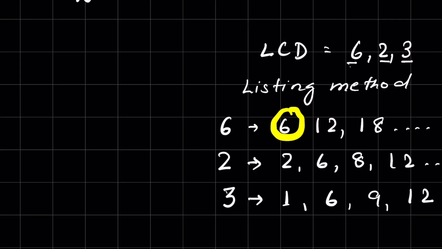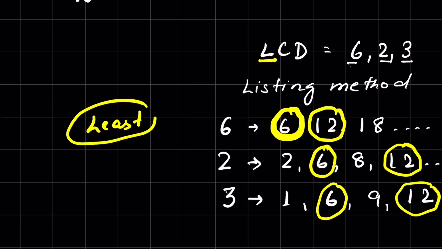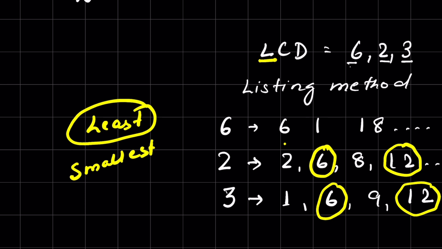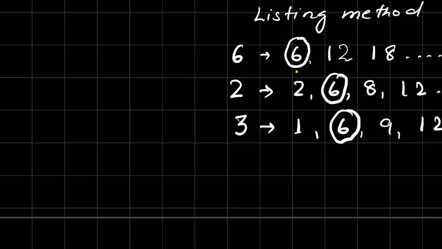Now here you can see that 6 and 12, these two are common multiples in all three numbers 6, 2 and 3. But we have to find the least one. Least, that means the smallest common multiple. So between 6 and 12, 6 is the smaller one. So 6 will be the least common multiple, LCM, or least common denominator. So this is called the listing method.